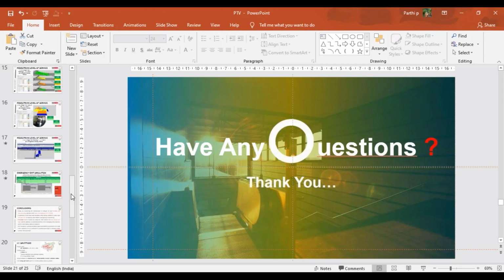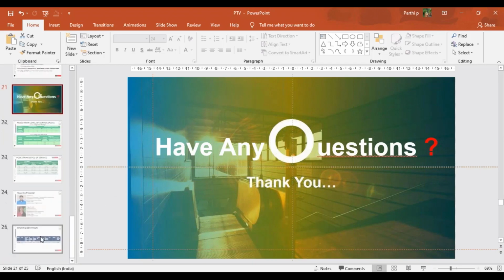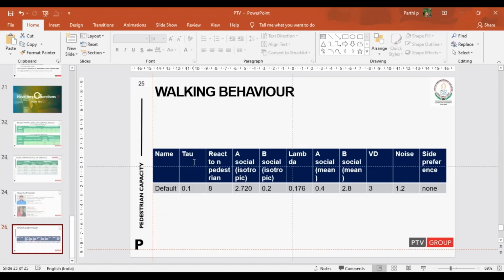Awesome. Which variables did you use for calibration? The calibration I used is Tau, and the slide is showing this. This is my calibration.